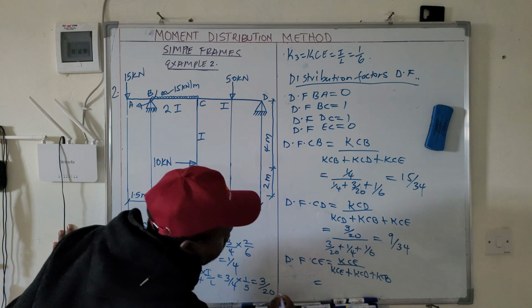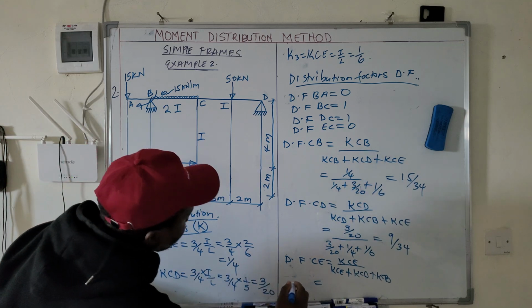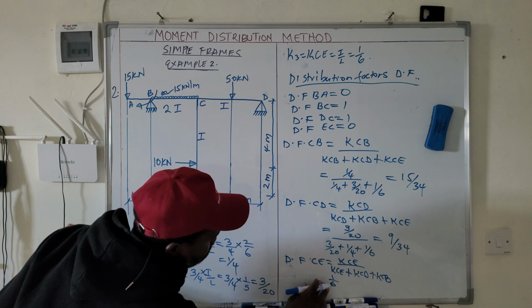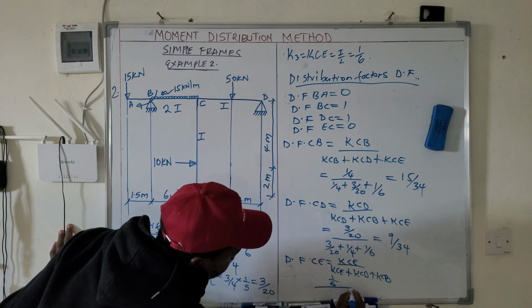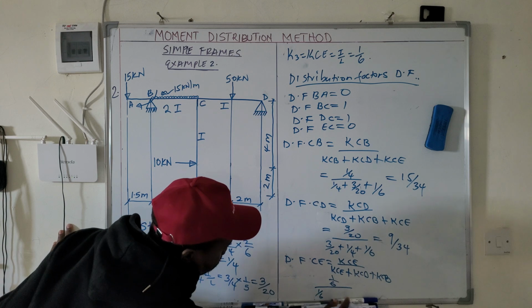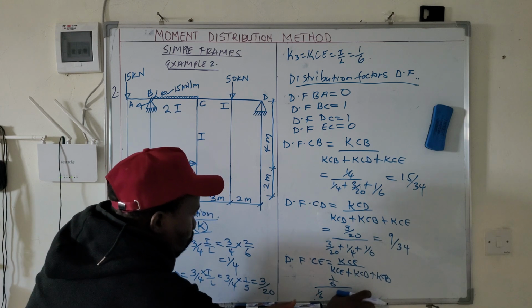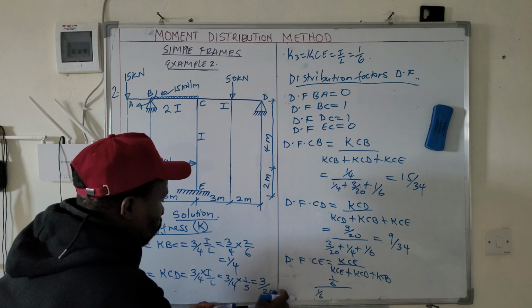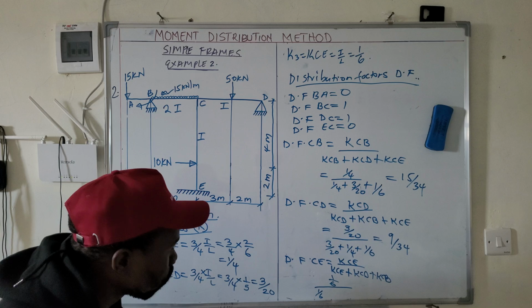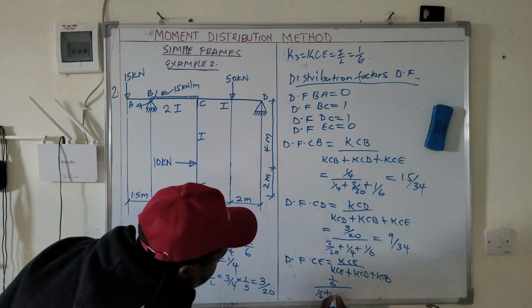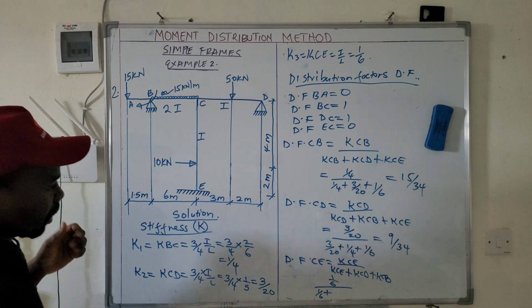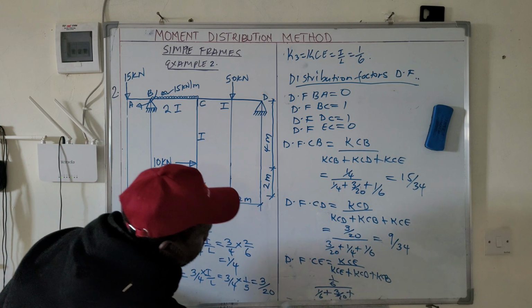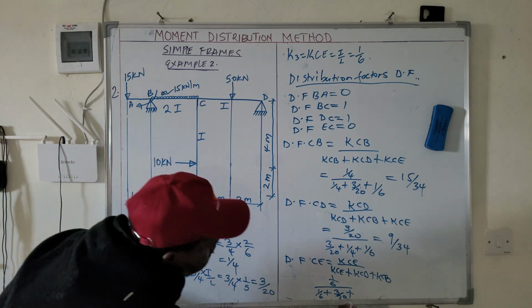So this one will be KCE is 1 over 6, over 1 over 6 plus 3 over 20 plus 1 over 4.